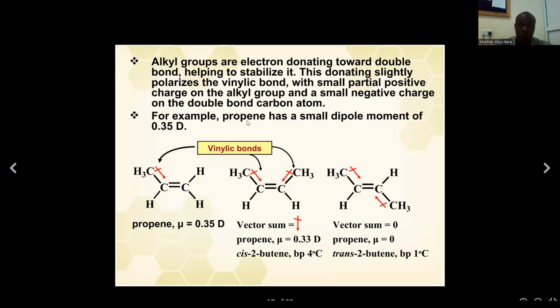So for example, propene has a small dipole moment of 0.35. So we should understand this. It means that when you have an alkyl group attached to the double bond, it helps in stabilizing and polarizing the compound.